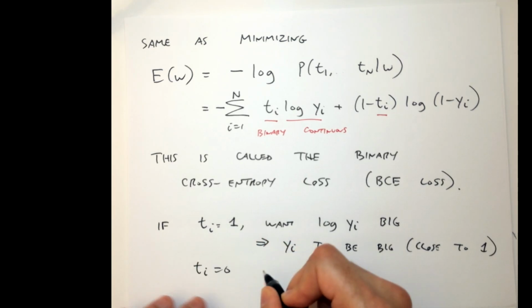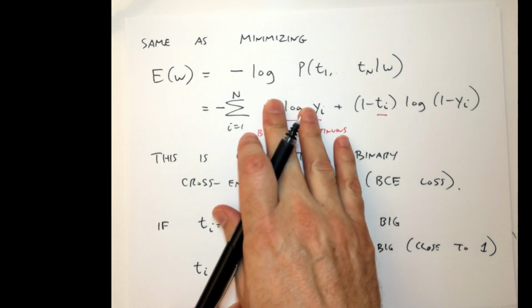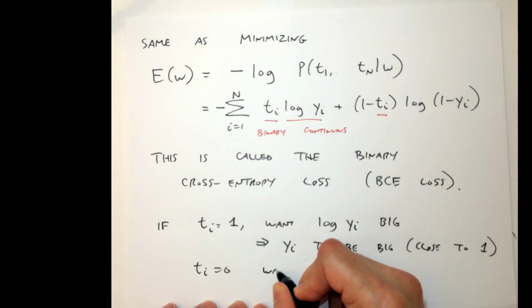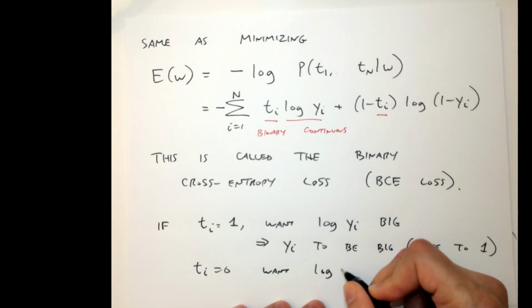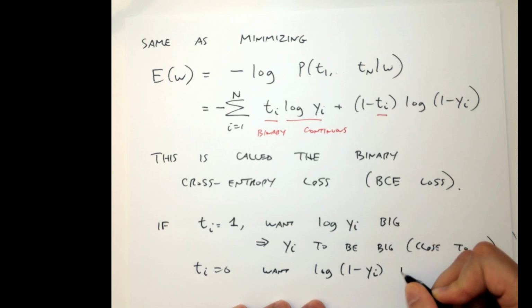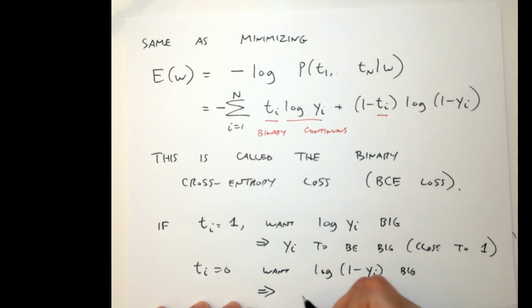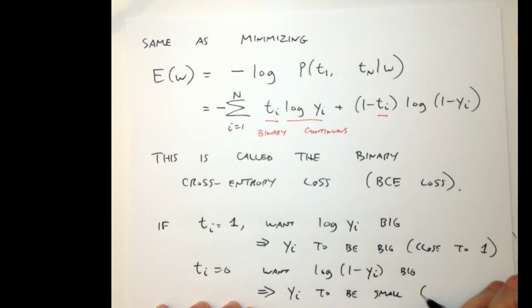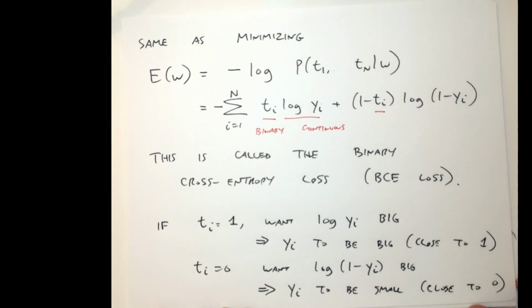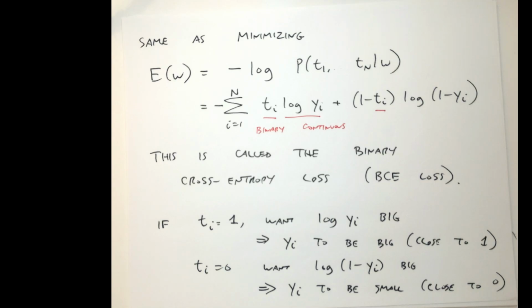If ti equals 0, then I'm in this world. This term drops out and I'm over here. That means I want log of 1 minus yi to be big, which means I want yi to be small, close to 0. The way I think about this is that I have a set of binary numbers, and I'm trying to drive the outputs of my model as close to those binary numbers as possible.